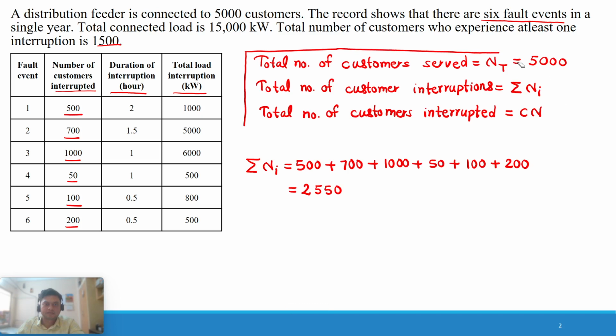So can anyone tell what is the value of CN? What should be the value of CN? 1500. Yes, correct.